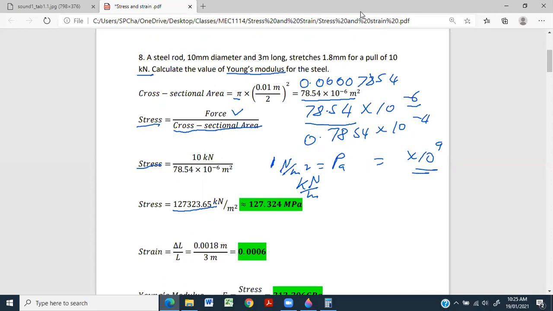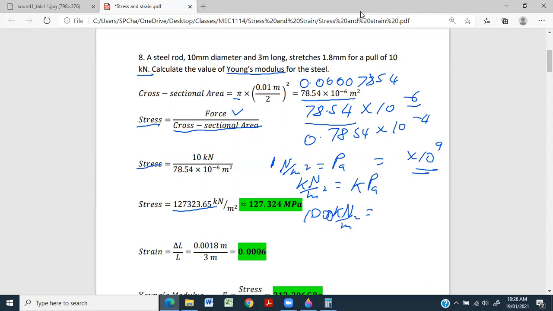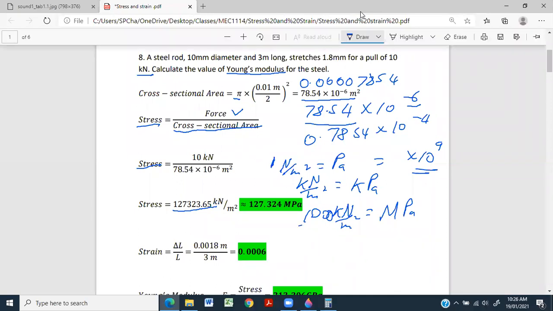And meganewtons, or 1,000 kilonewtons per meter squared, is equal to megapascals. And you can go up: 1,000 megapascals is equal to a gigapascal.